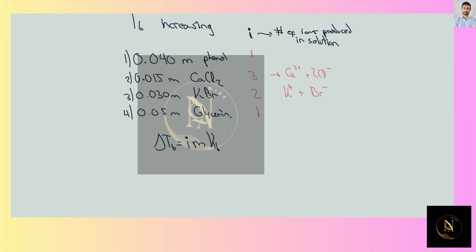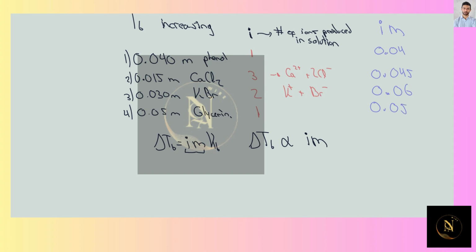So since delta Tb is proportional to i times the molality, we need to take the product over here. So let's do the product of i times the molality of the solution. For the first one it is 0.04. For the second one it would be equal to 0.045. For this one it would correspond to 0.06, and for glycerin it would correspond to 0.05.